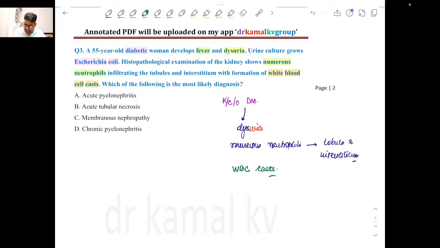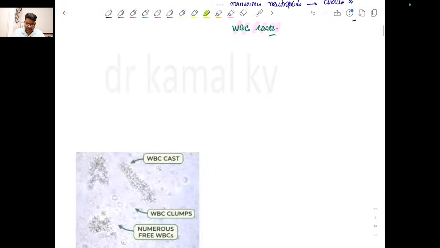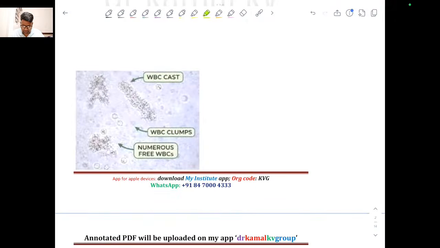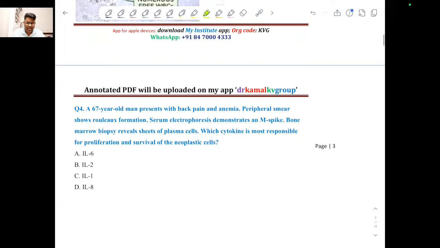So the moment you have this particular word WBC cast, straight away you can go for acute pyelonephritis. Oh sure, systemic symptoms will also be there, yes. So this is how WBC casts look. Moving forward to the next question.